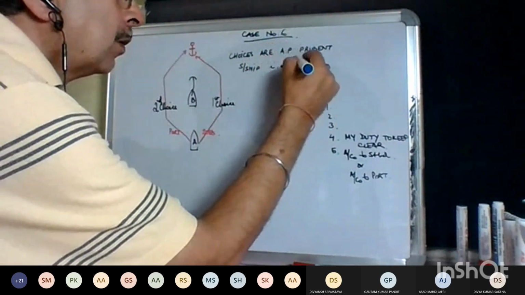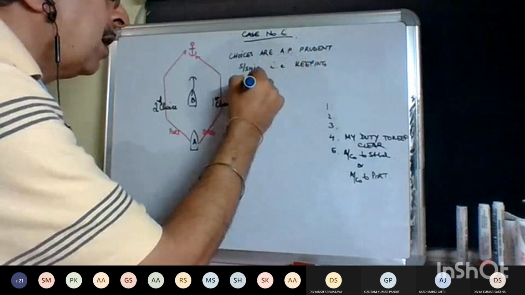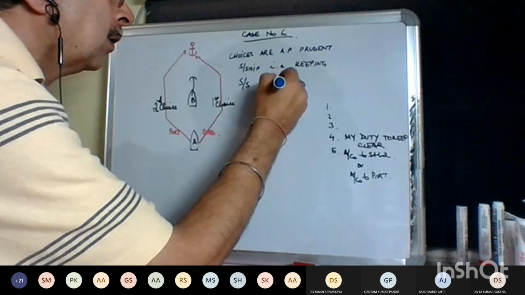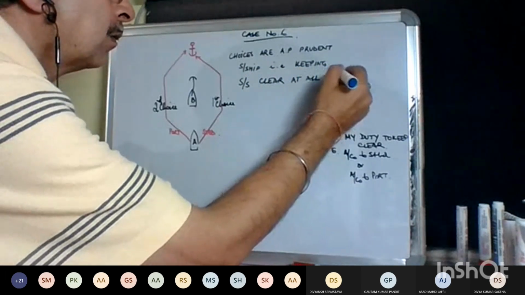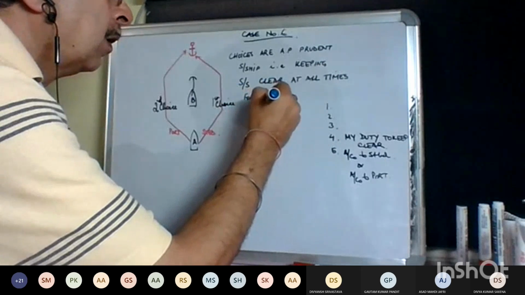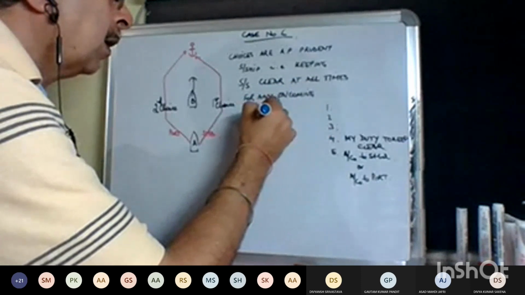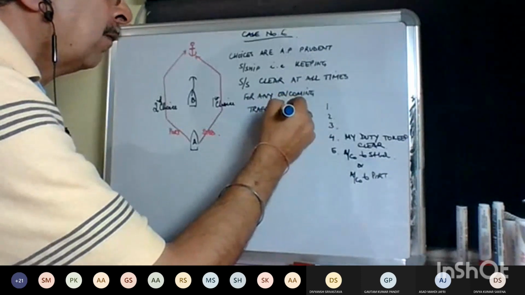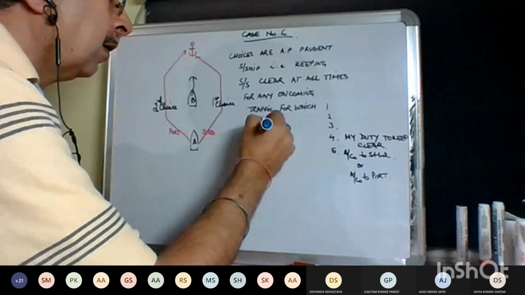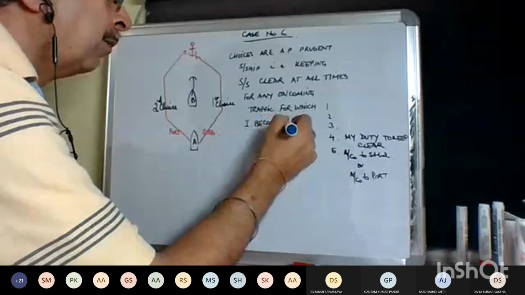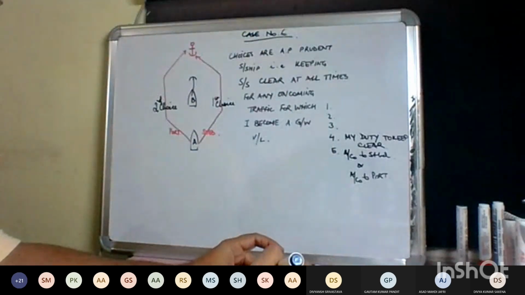The choices are as per prudent seamanship. That is, keeping starboard side clear at all times for any oncoming traffic, for which I become a give-way vessel.